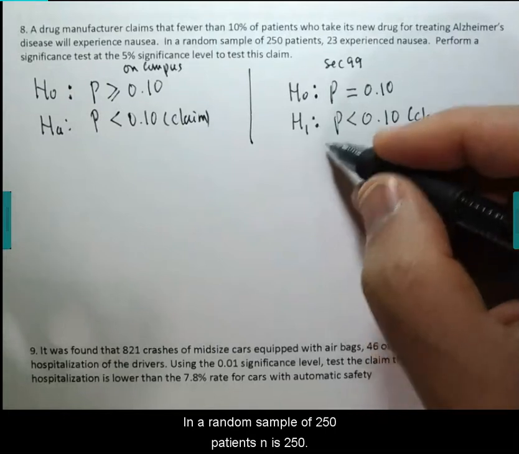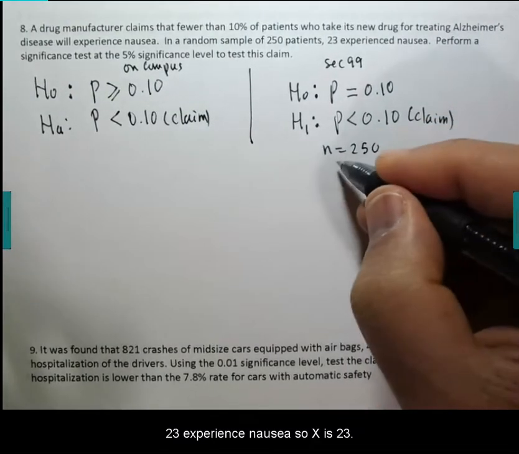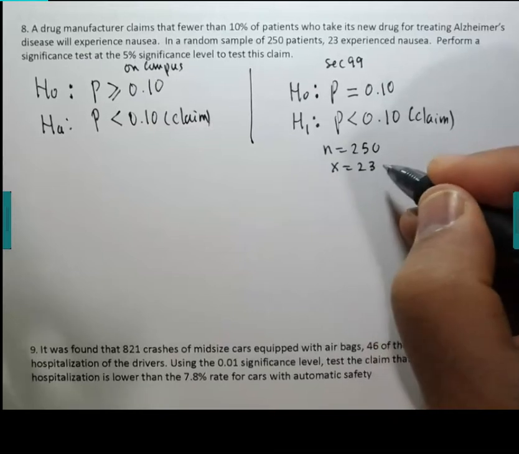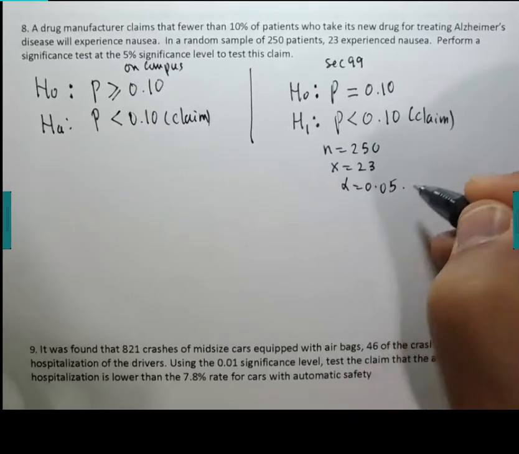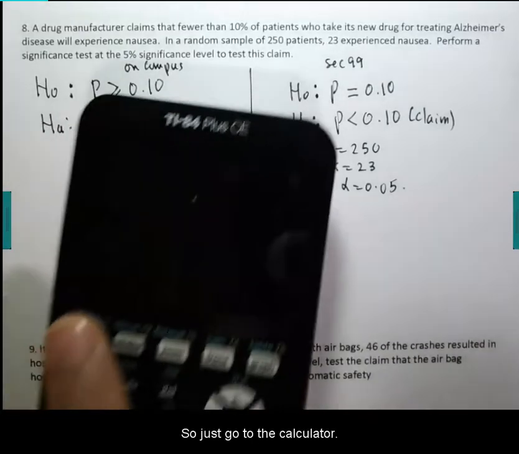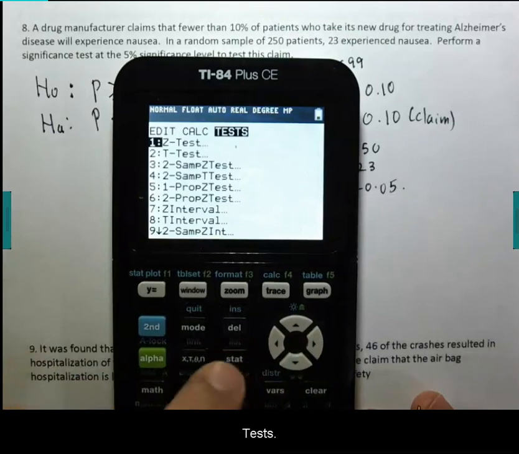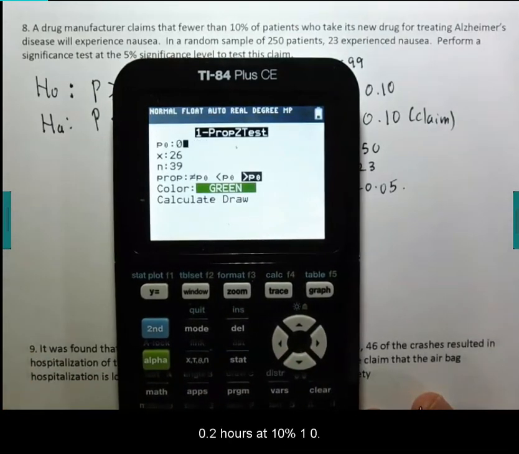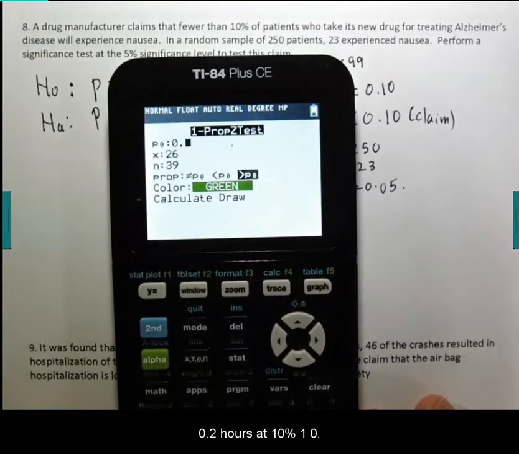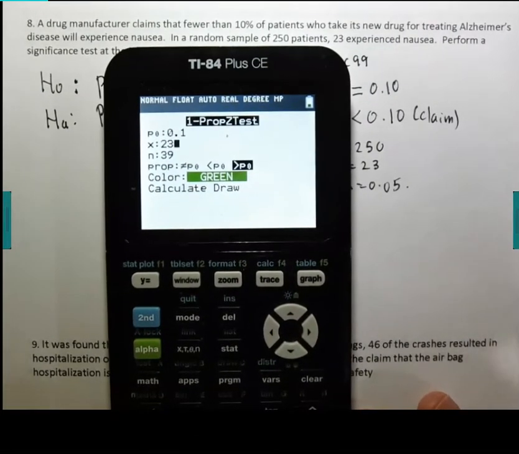In a random sample of 250 patients, so n is 250, 23 experienced nausea, so x is 23. Perform a significance test at alpha equals 0.05. All right, so just go to the calculator, go to stat, tests, 1-proportion z test, 10%, 0.10. x is 23, n is 250.